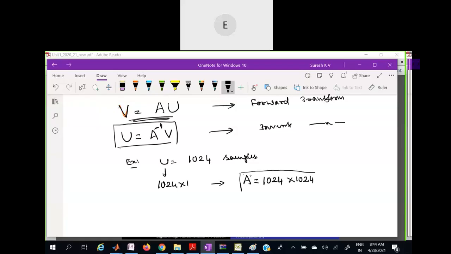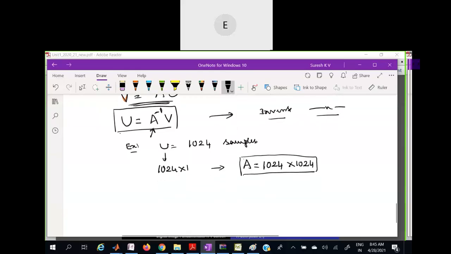So I need to do an inverse of a 1024 cross 1024 matrix, which is very, very difficult. Now, when it comes to an image, it will be still bigger. Let me not explain it now, but this is only one dimension I'm explaining. So finding the inverse of such a big matrix is difficult. If at all I want to do the inverse transform, you have a challenge of performing the inverse of a very big matrix.